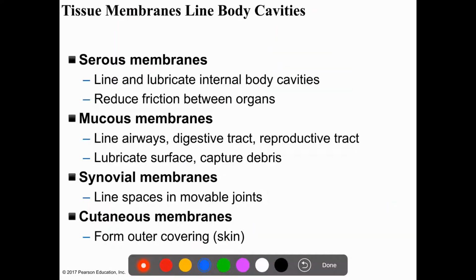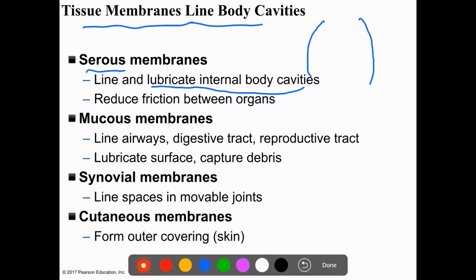Now, along with the cavities, we have tissue membranes that line the body cavities. We have the serous membranes. These are between the organs and the body cavities. For example, with the thoracic cavity, we have the lungs, right?